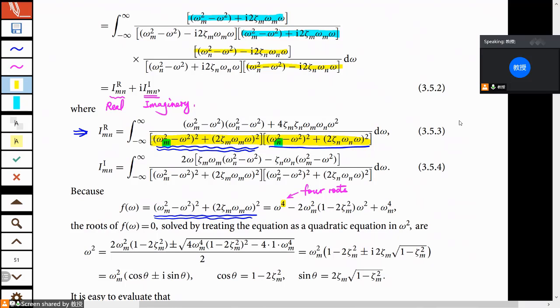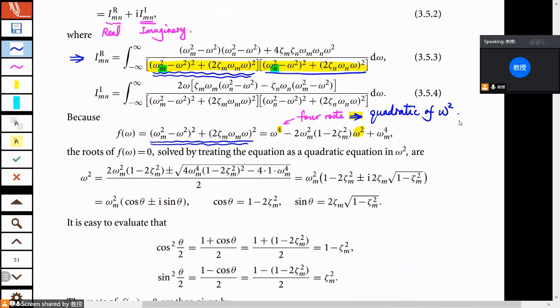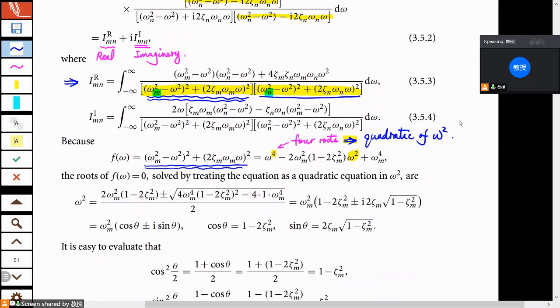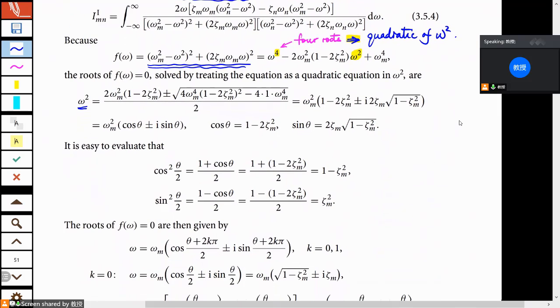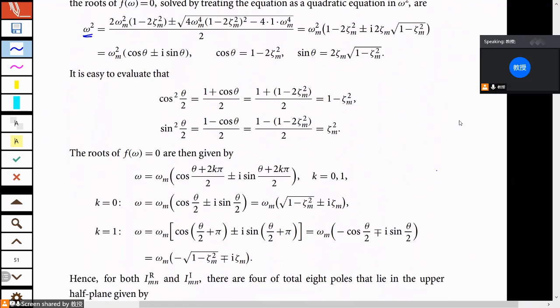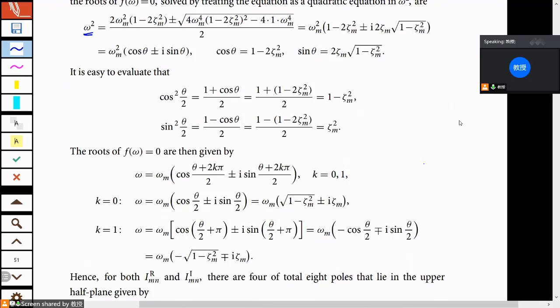And you can regard this as a quadratic of omega squared. Then use the formula for the quadratic equation, and we find the roots for omega squared. Then you take a square root through complex numbers and find the roots.